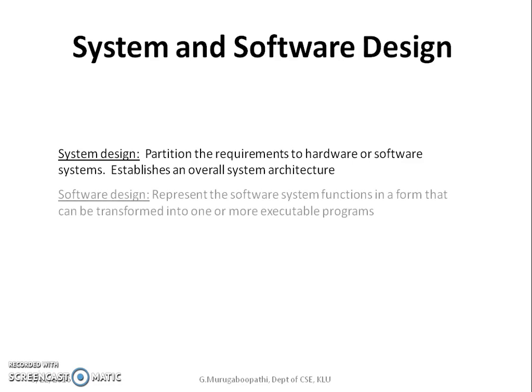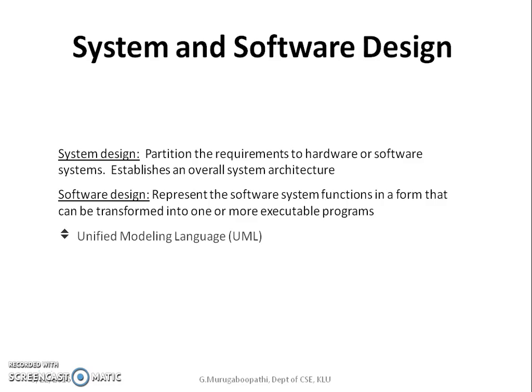The software design represents the software system functions in a form that can be transformed into one or more executable programs, like a UML diagram. UML is the Unified Modeling Language. We will see that in a later topic.